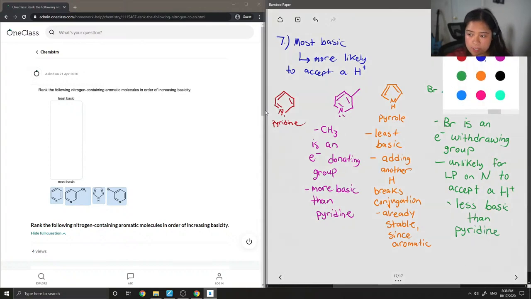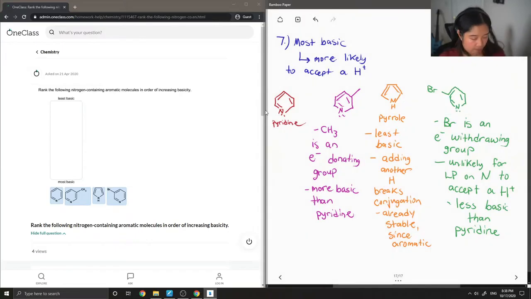So now let's rank the compounds, from 1 to 4, from least basic to most basic.